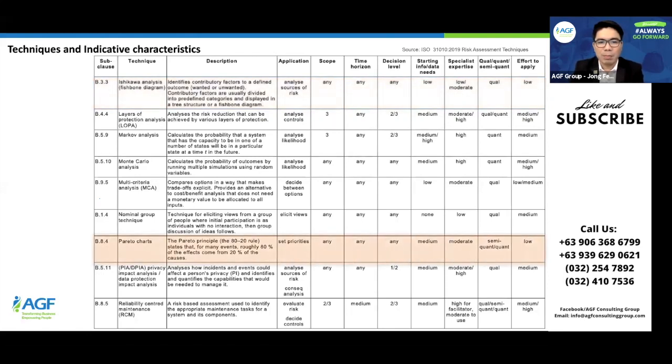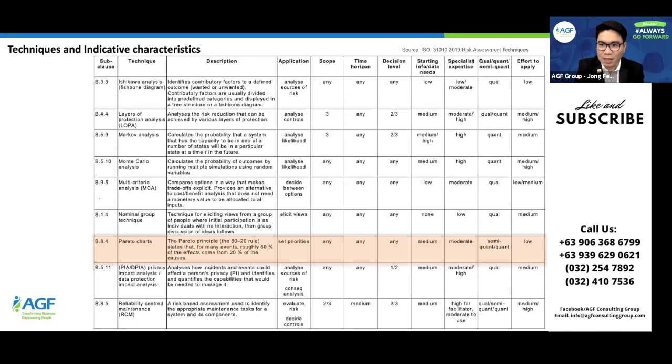Of course, Pareto charts, we're familiar with this. I'm just highlighting these commonly used tools here. The Pareto Principle of 80-20, where we develop Pareto diagrams. It's understanding the significance of data, where we focus on the vital few, the 20% vital few, which brings 80% impact, instead of allocating resources to the 80% trivial many.